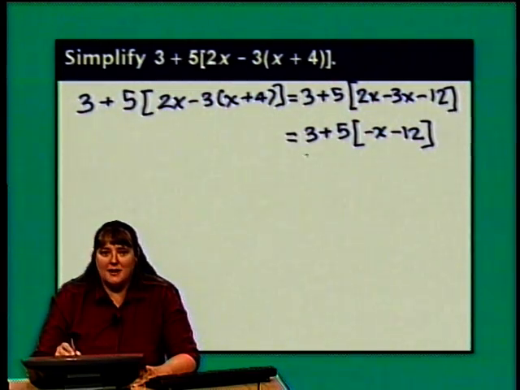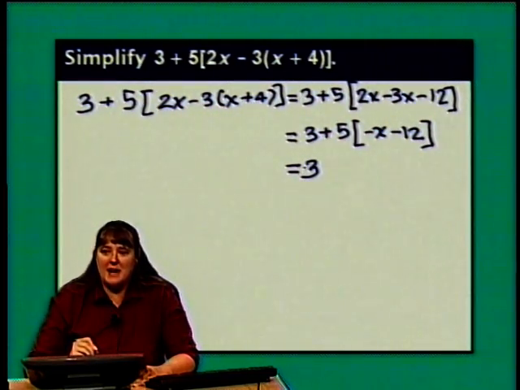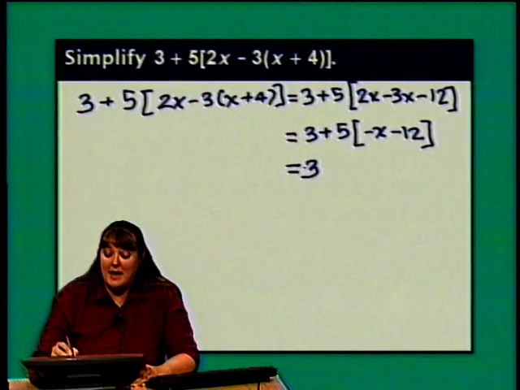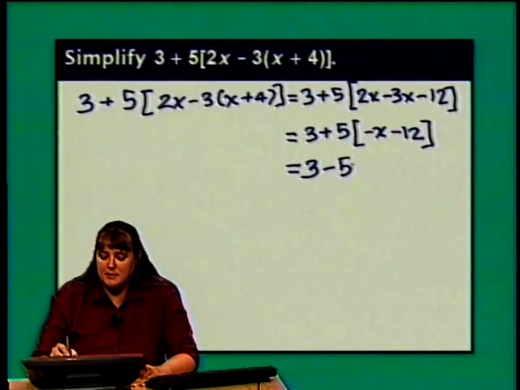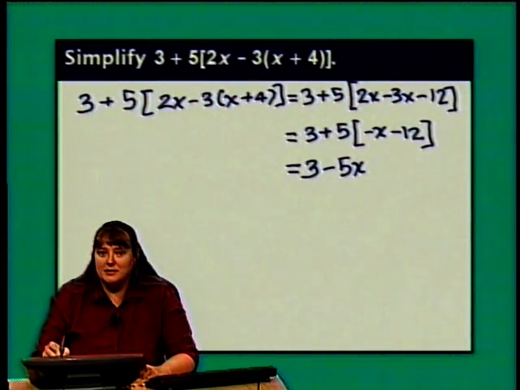I still can't add the 3 and 5 together. I need to distribute the 5 through the grouping symbols. So I have 3 plus 5 times negative x. 5 times negative x, or 5 times the opposite of x, is negative 5x. Adding negative 5x is the same as subtracting 5x. So that's how I'm going to write it down. Then I can think of this as plus negative 12.